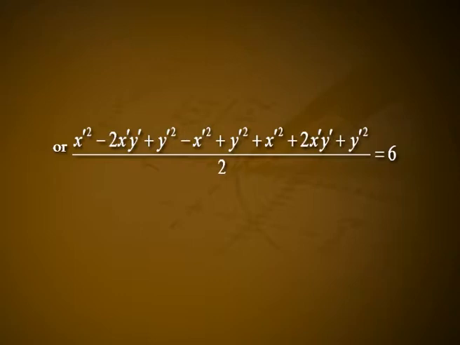Or (x′² − 2x′y′ + y′²)/2 − (x′² − y′²)/2 + (x′² + 2x′y′ + y′²)/2 = 6. Or x′²/12 + y′²/4 = 1, which is the equation of the ellipse. Example 4.